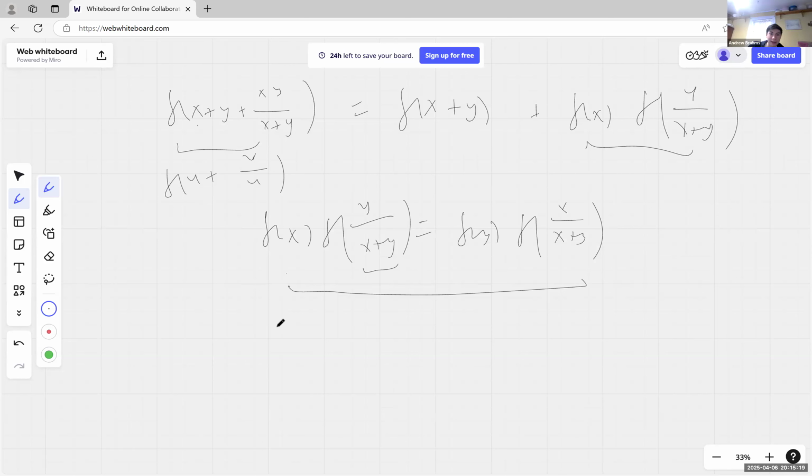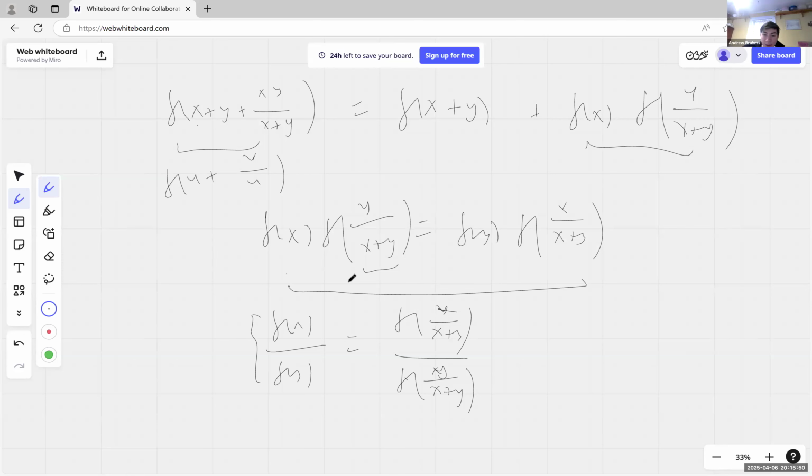But to flesh that out, when we expand, we basically get f of x over f of y equals f of y over x plus y over f of x over x plus y, for any x and y. What this means is that the ratio between any two values of this function is wholly dependent on the ratio between the two variables in question.